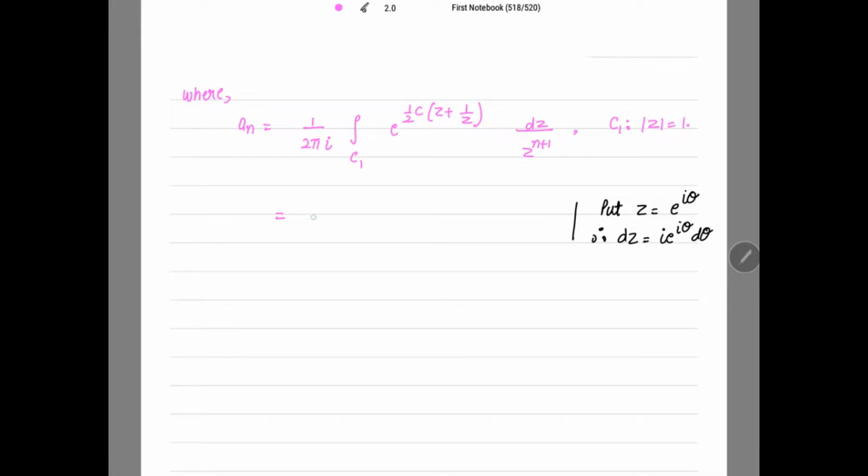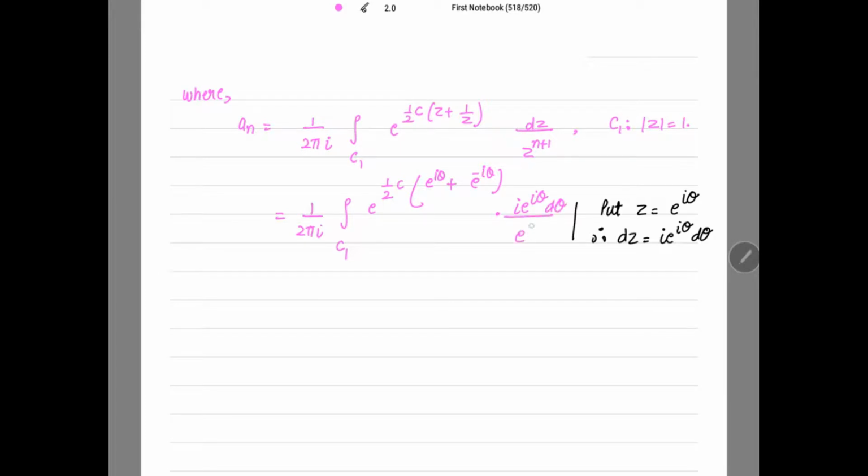So right now this is 1 over 2πi times the integral over C1 of e to the power (1/2)c, and instead of z I write e to the power iθ, plus 1 over z, which can be written as z inverse, which is e to the power minus iθ, into dz, which is i e to the power iθ dθ over z to the power n plus 1.